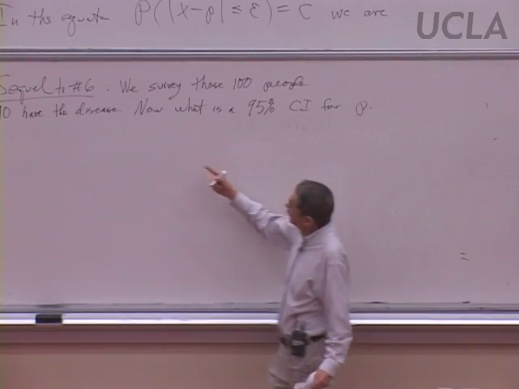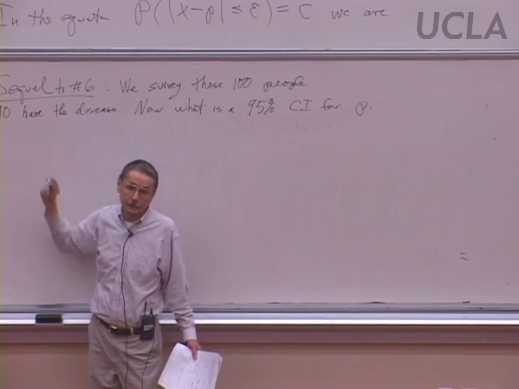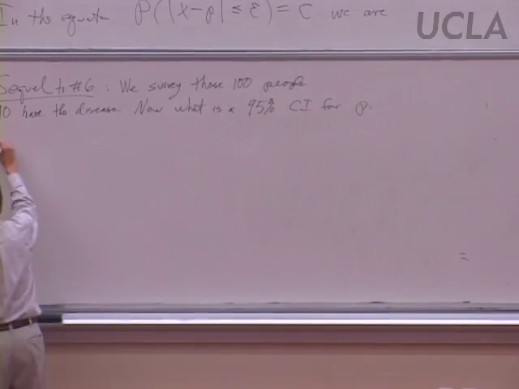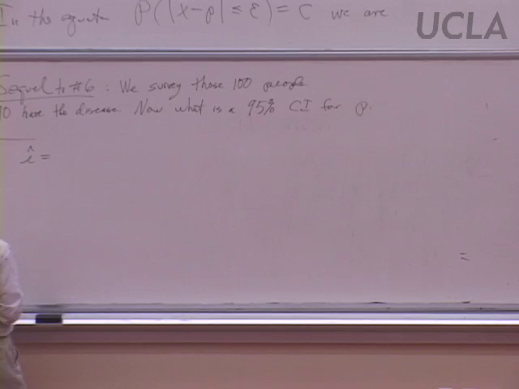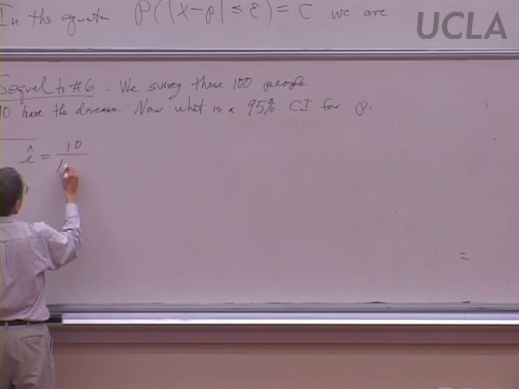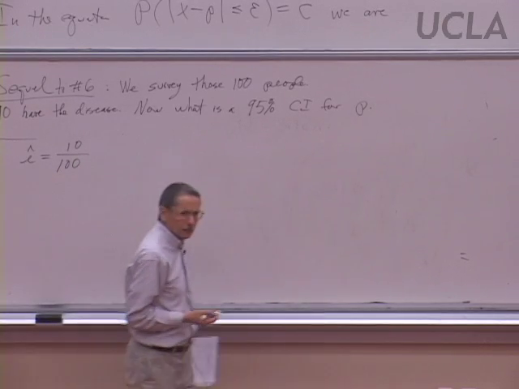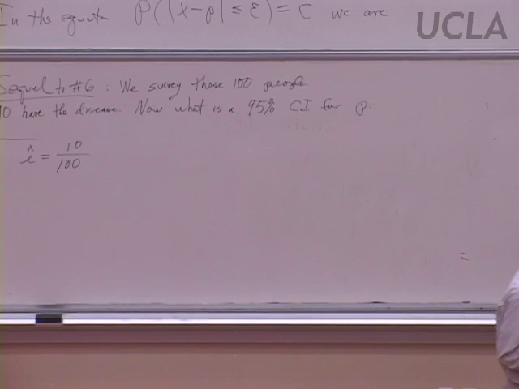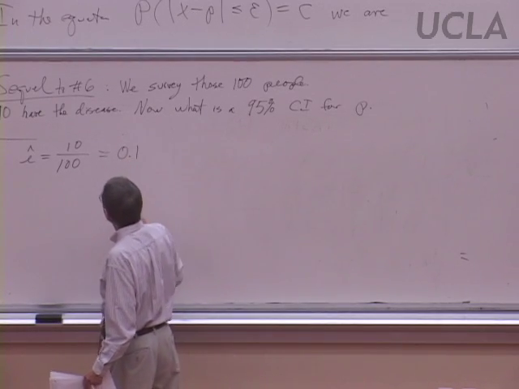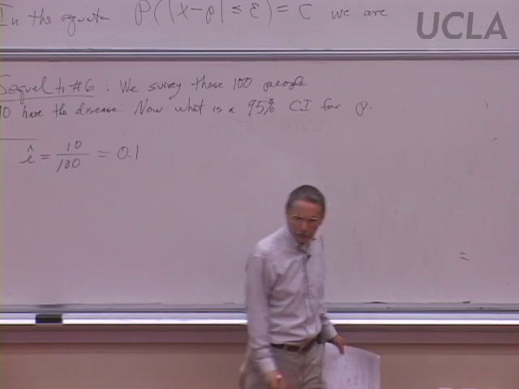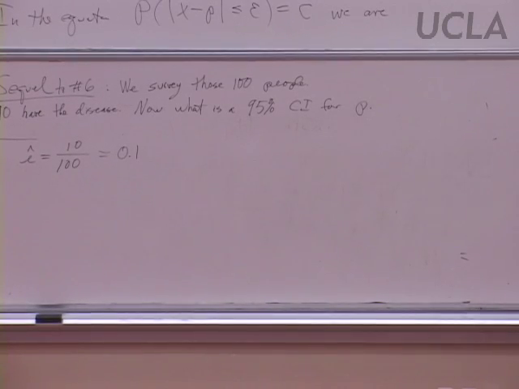The difference is that now we have some additional piece of information. So we found that 10 people had the disease. So the fraction of the survey group with the disease was 1/10. Which we hope is close to the unknown prevalence rate p, but we want to say that quantitatively. We want a confidence interval.